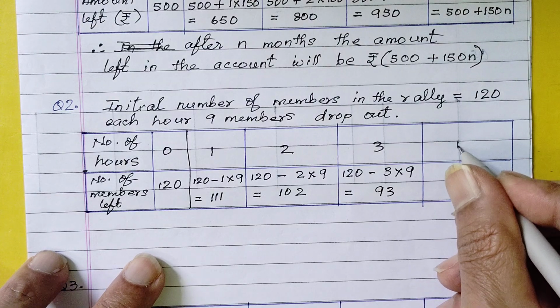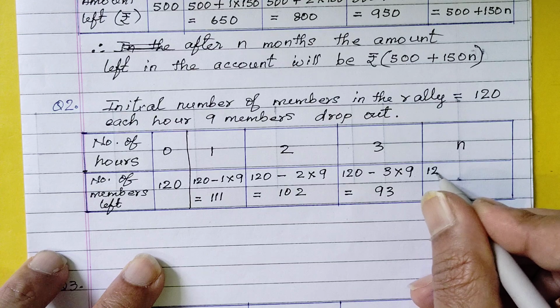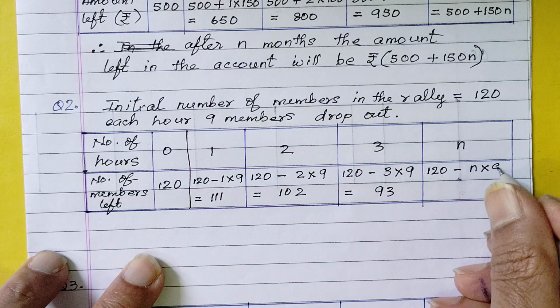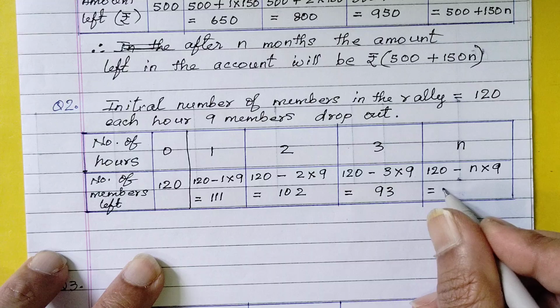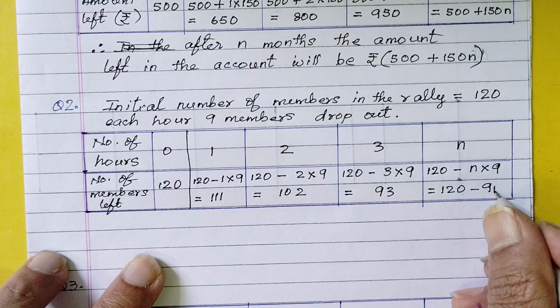At the end of n hours, the number of members left will be 120 minus n into 9, that's equal to 120 minus 9n.